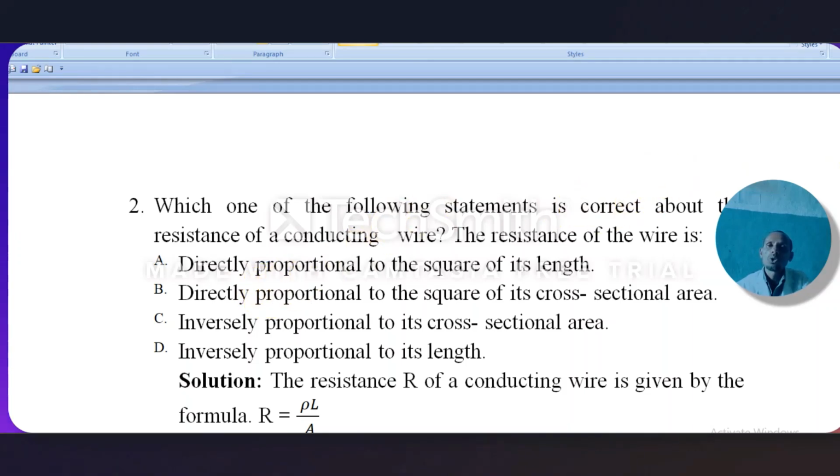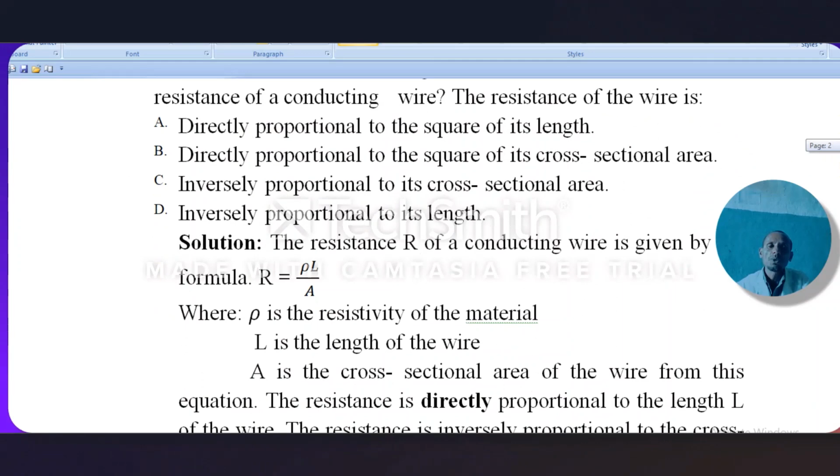When we come to the solution of this question, the resistance of a conducting wire is given by the formula R equals rho times L over A, where rho is the resistivity of the material, L is the length of the wire, and A is the cross-sectional area of the wire.